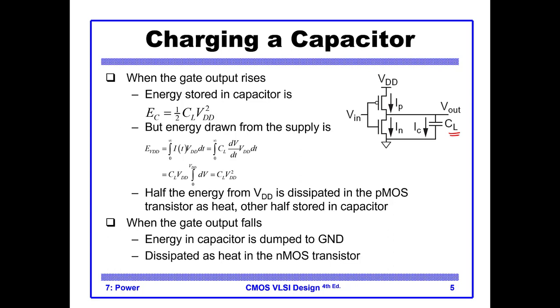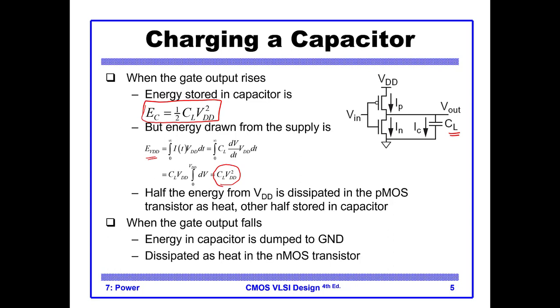During the charging period, when the PMOS is on, the current flows into the capacitor and the capacitor stores half CL VDD squared. But at that time, the energy that the supply voltage delivers, E_VDD, if you put all the values, is CL VDD squared.